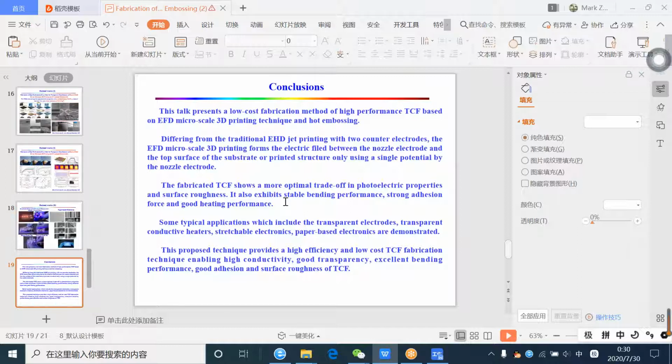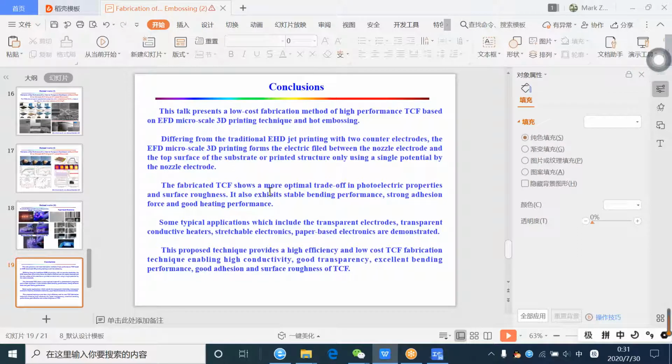Differing from the traditional EHD jet printing with two-counter electrodes, the EFD microscale 3D printing forms the electric field between the nozzle electrode and the top surface of the substrate or printed structure, using only a single potential by the nozzle electrode. The fabricated TCF shows a more optimal trade-off in photoelectric properties and surface roughness.